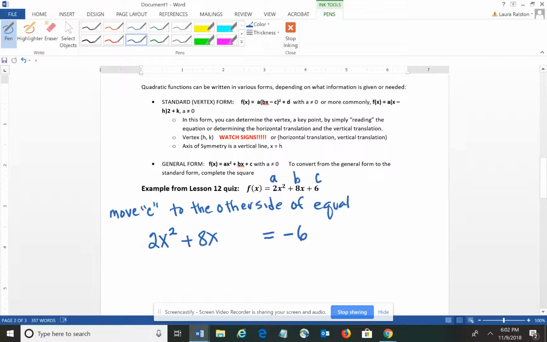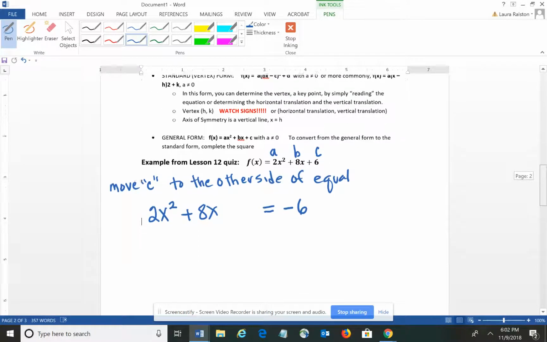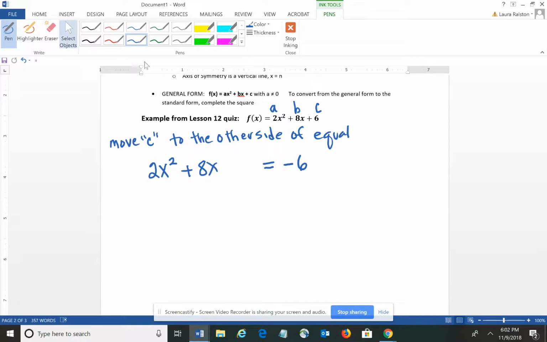So I basically have all of the variables on the left and the constant, or the c, on the right side. Then I notice in this particular scenario that I have a common factor of 2, so I'm going to factor it out. So I have x squared plus 4x equals negative 6.